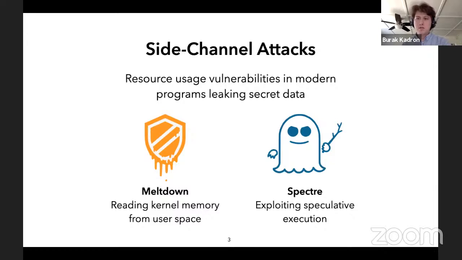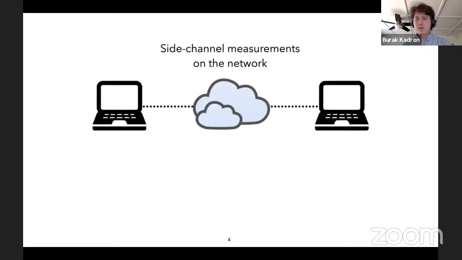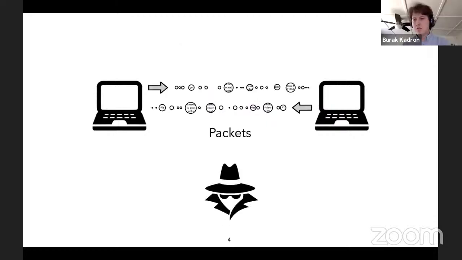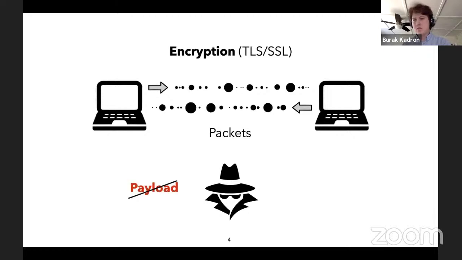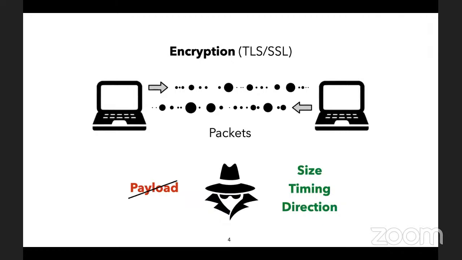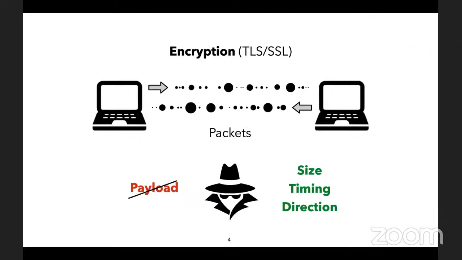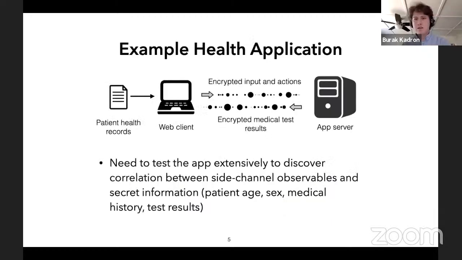These are usually CPU level side channel attacks, and we're interested in side channel attacks on the network, where let's say two users are communicating over the network. They're going to send packets to each other, and an eavesdropper cannot see the contents of the packet because it's usually encrypted, but they can still observe the size, timing, and direction of each packet. And using that, maybe they can get insight on what the users are doing.